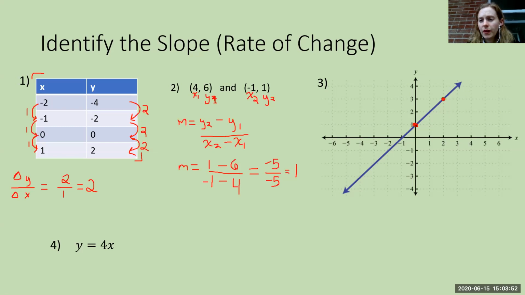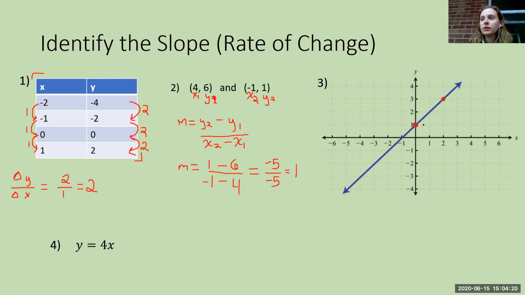So what are the coordinates of this first point? The coordinates of this point would be 0, 1, because it's at 0 on the x-axis and 1 on the y-axis. What about the coordinates of this second point? The coordinates of this second point would be 2, 3, because it's lined up with 2 on the x-axis and 3 on the y-axis.